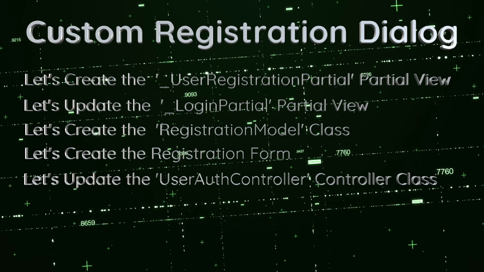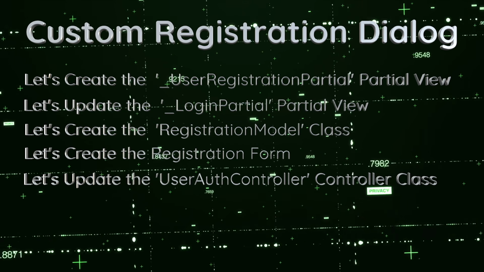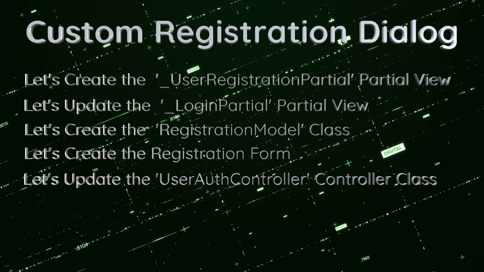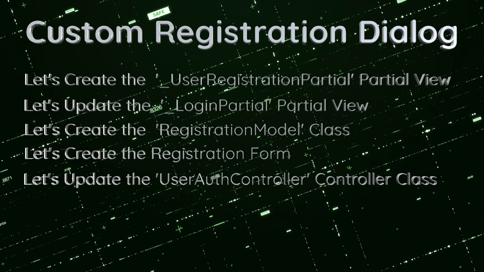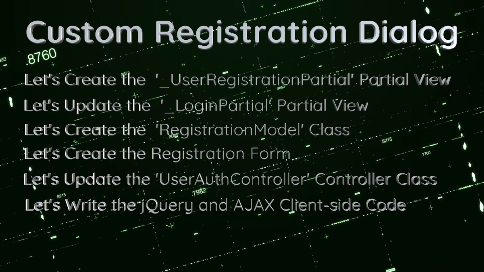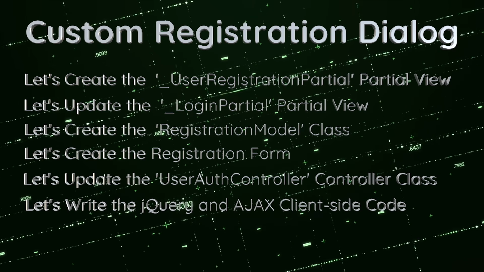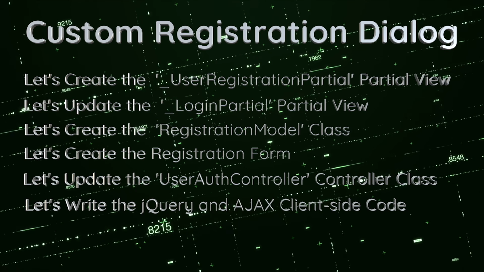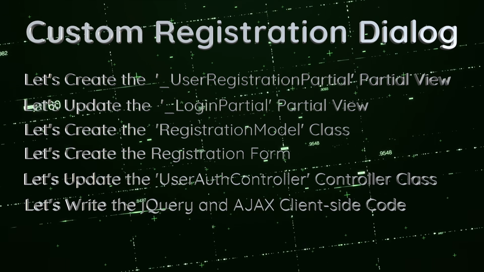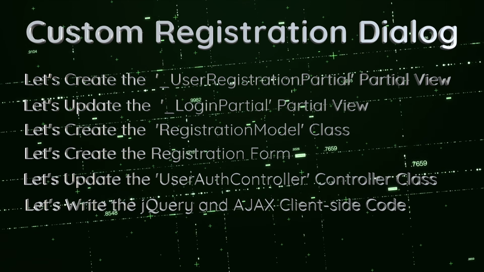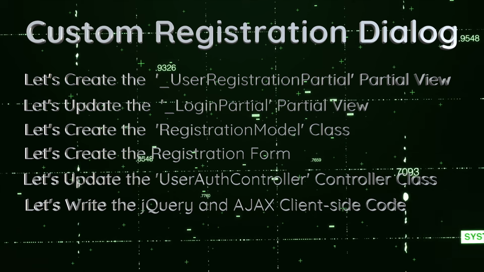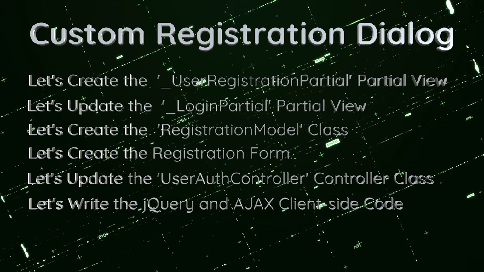We'll appropriately use the functionality in Identity's User Manager class to save the user's entered details to the system. Let's write the jQuery and AJAX client-side code. We'll implement jQuery code and use AJAX to asynchronously submit data to the server from the registration modal dialog and also receive data from the server. For example, feedback from the server regarding a user's attempt to register with the system.